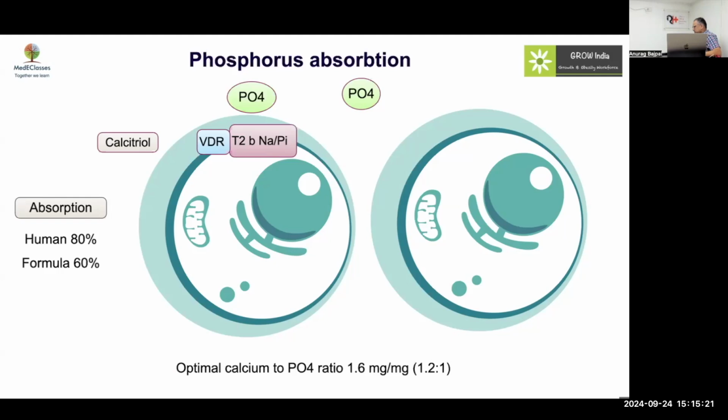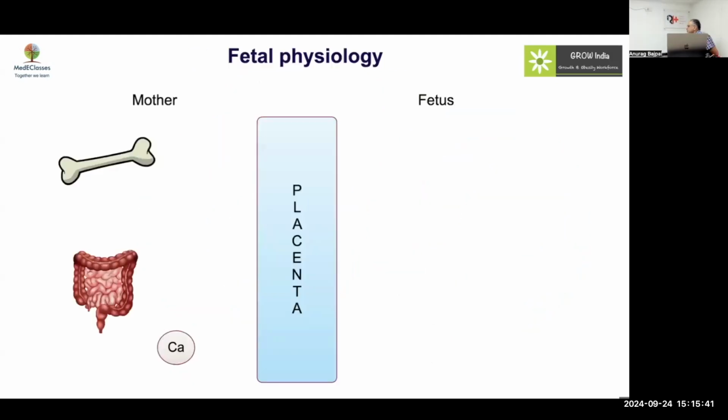Now, this is extremely important. In earlier times when people were using cow's milk or inappropriate formulas with a wrong calcium phosphorus ratio, there was a risk of developing hypocalcemia. So the optimum ratio of calcium to phosphate is somewhere around 1.6 milligram per milligram.